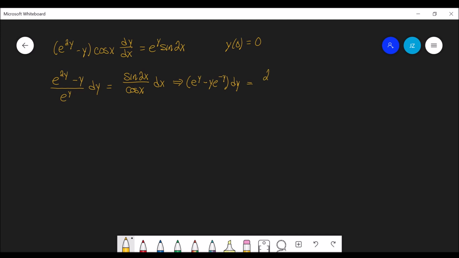Sine of 2x is equal to 2 sine x cosine x. So the right-hand side will simplify to 2 sine of x dx. We can now integrate both sides.